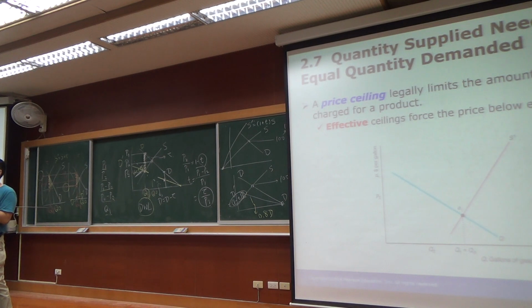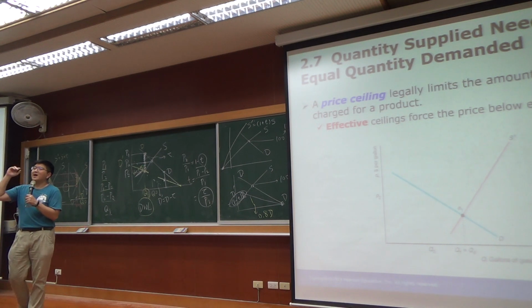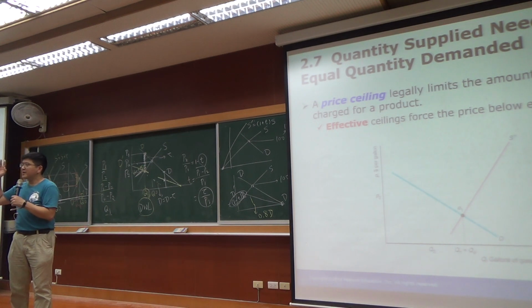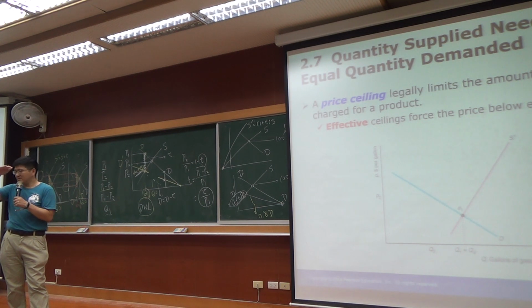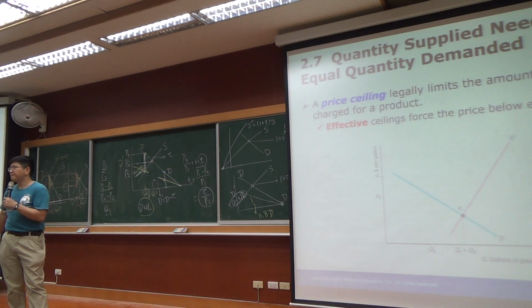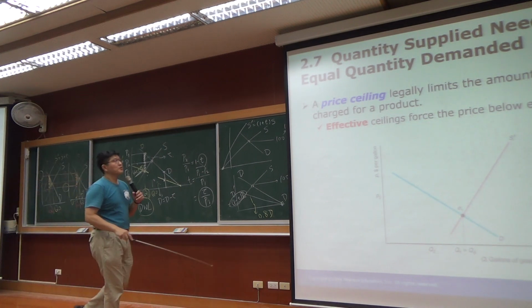Ceiling is something up or down. Up, right? Price ceiling is an upper limit. So you cannot go beyond the price. You cannot have a price above the limit, which we call a price ceiling.